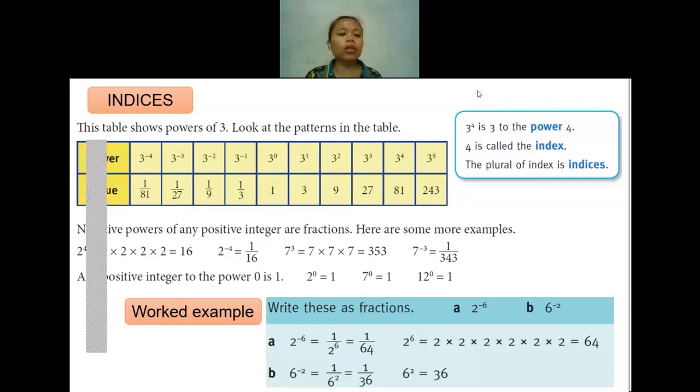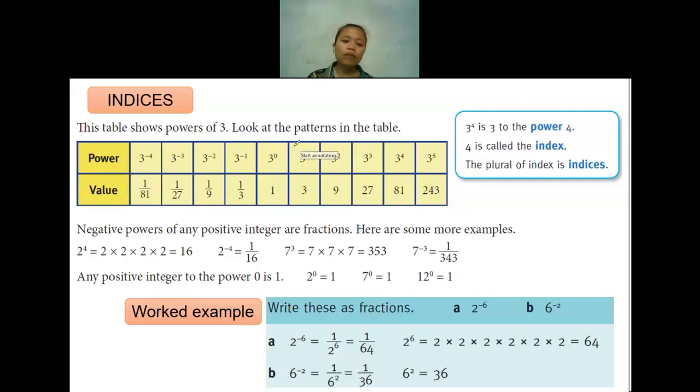Now let us continue to the indices. Someone asked me about the indices before. Indices here means any number with power. So we call any number with the power as indices. Here, I already have the example, 3 to the power of negative 4 until 3 to the power of 5.